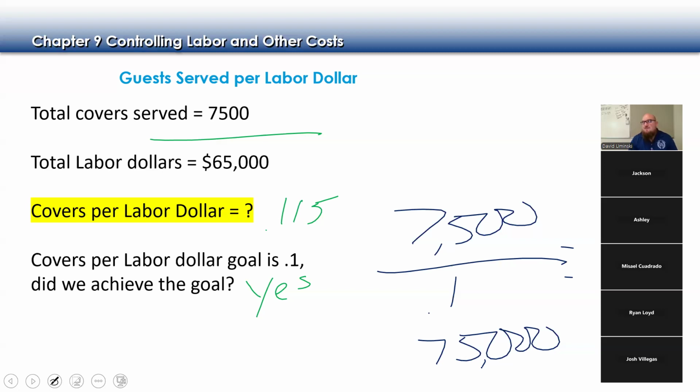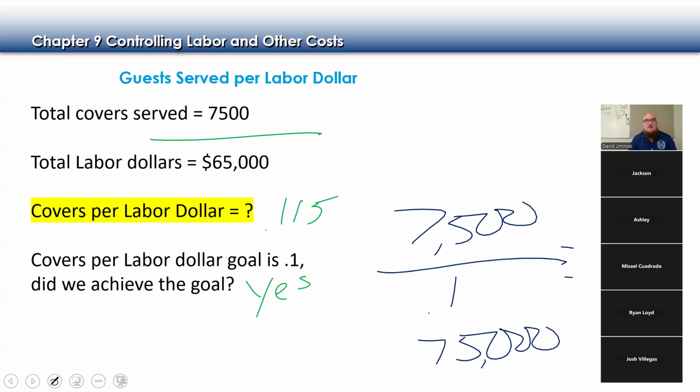How do we reduce our labor costs while maintaining our level of productivity? If you're going to have fewer people, make sure they have more experience.